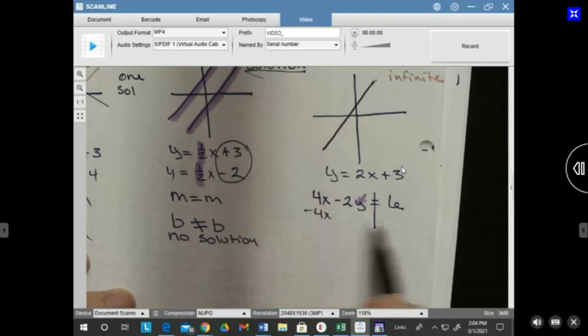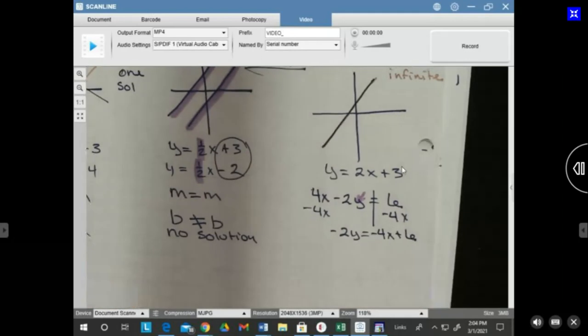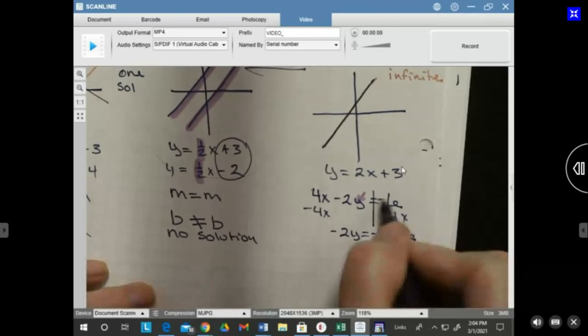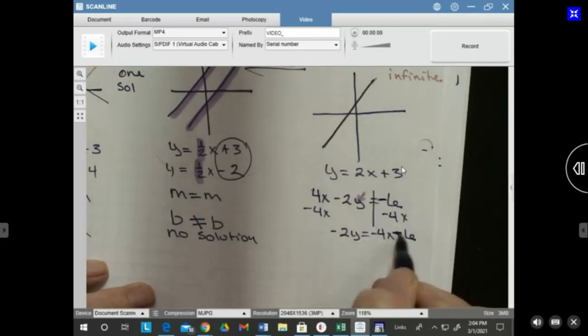Solve for y. So when I've been solving for y, what's always been my first step, guys? Perfect. So negative 2y equals negative 4x plus 6. Now what? I should have made that a negative 6. Ms. Graham did that wrong. Change that to a negative 6.